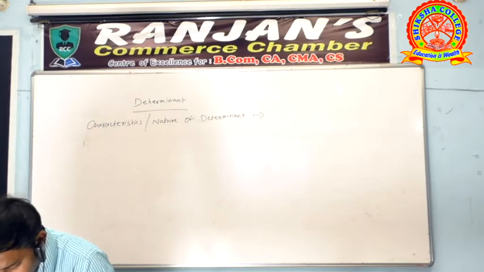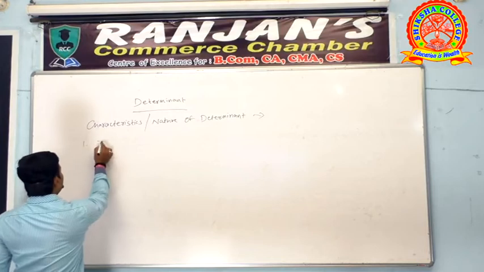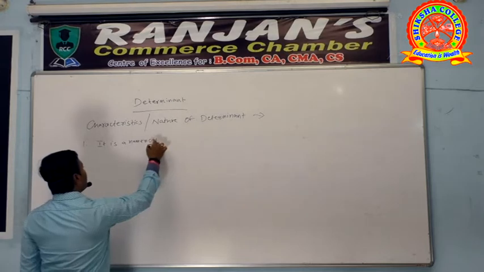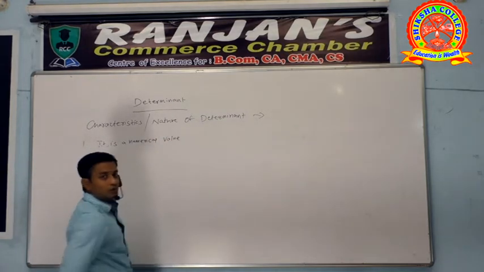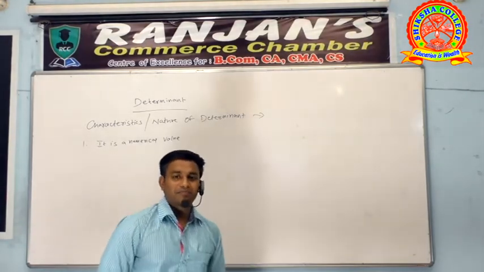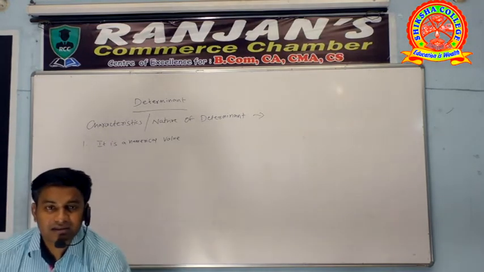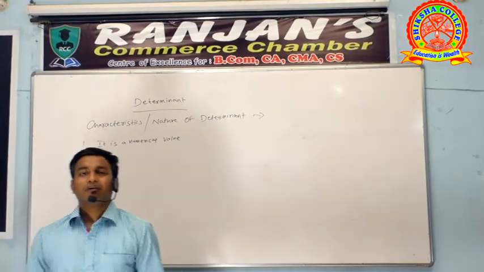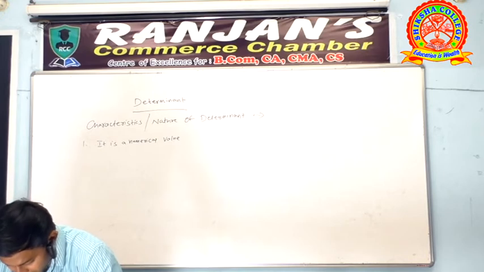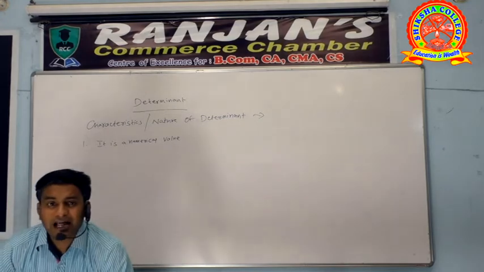So what is the characteristic? As we know, a determinant is a numerical value. Numerical value means it is a number. When we find the determinant, it is a number, expressed in terms of a numerical figure.